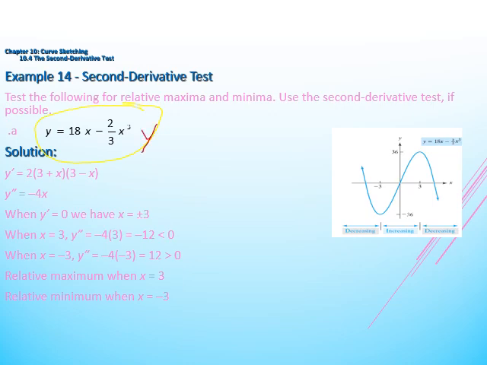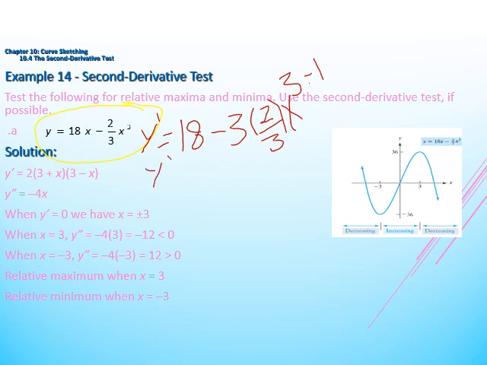So, y equal to 18x, the first derivative equal to 18 minus 2 over 3 times 3x squared, here 3 multiplied by x to the power 3 minus 1, which is equal to x to the power 2.